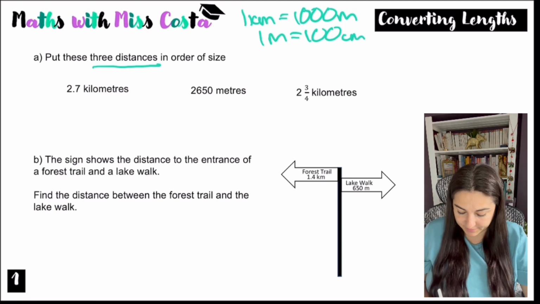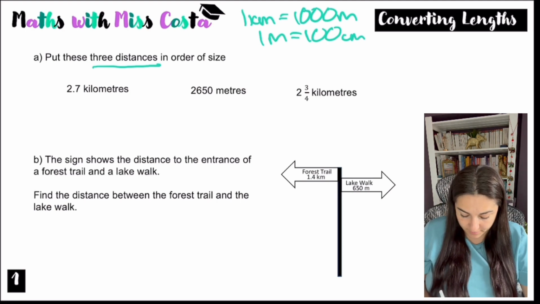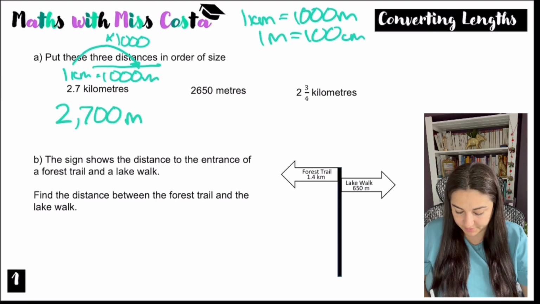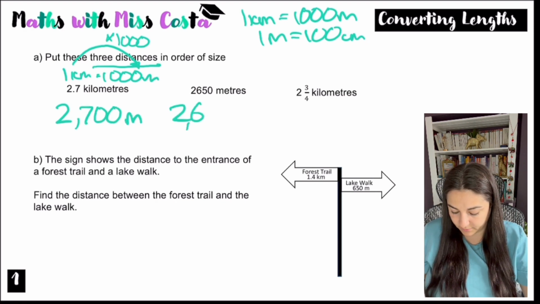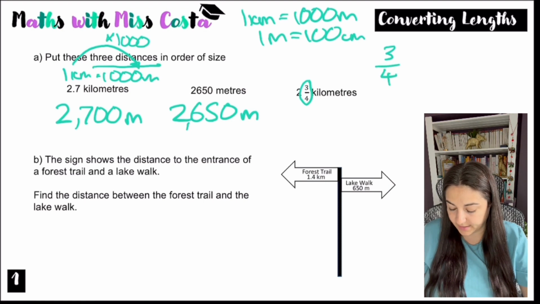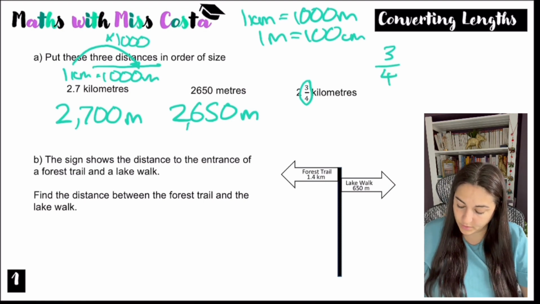So 2.7 kilometers. If I know that 1 kilometer is 1,000 meters, then 2.7 kilometers, how do I get from a kilometer to meters? I multiply by 1,000. So 2.7 would be 2,700 meters. This is already written in meters, so I don't need to do anything there. And here I've got 2 3/4 kilometers. So 3/4 of a kilometer.